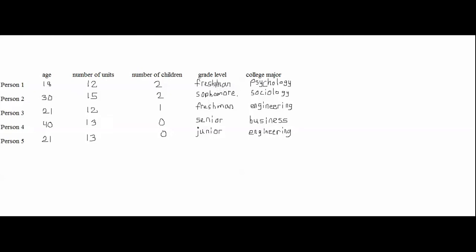If we have a column of qualitative data, we would present the frequencies in something called a bar graph. And let's create a bar graph for the grade level column. We need a line for the x-axis.